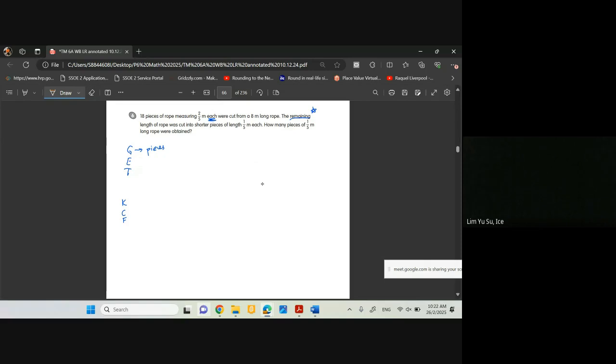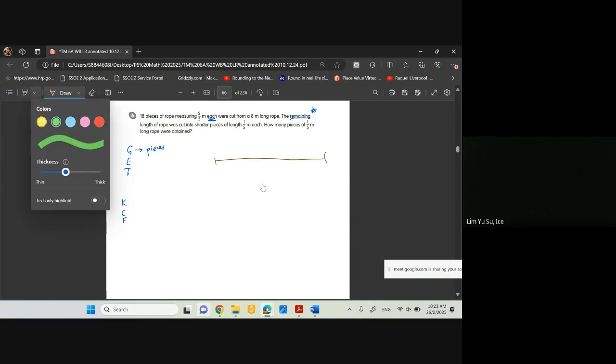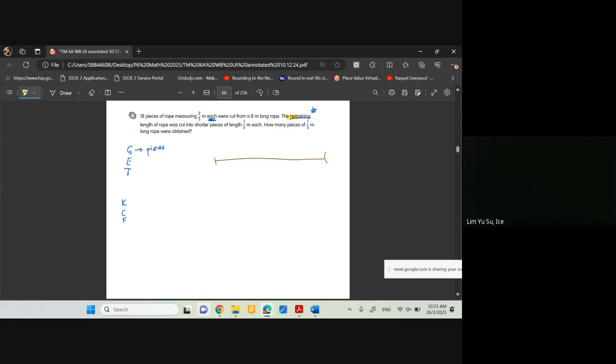So there's this rope here that first is cut into 18 parts. However, there's a remainder. Remaining means there's some rope that was leftover. Let's say this is the leftover. It's the remainder. This part is not cut into the 18 pieces. All this is the 18 pieces.